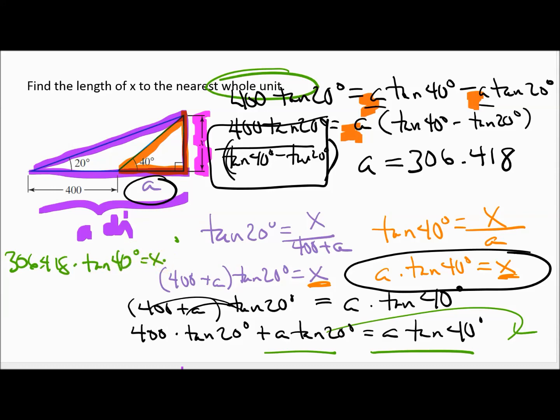So I'm going to type that directly in. 306.418 times the tangent of 40 degrees, and I got 257.115, or x is equal to 257. And that's our final result for x.